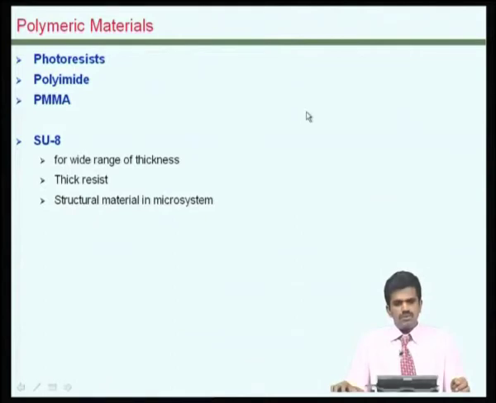Polymeric materials used in microsystems include photoresist, diazonaphthoquinones and other polymers such as PMMA and polymethyl acrylate.